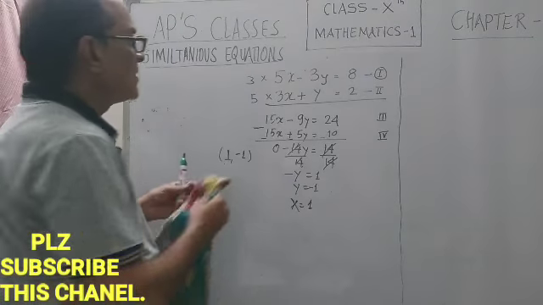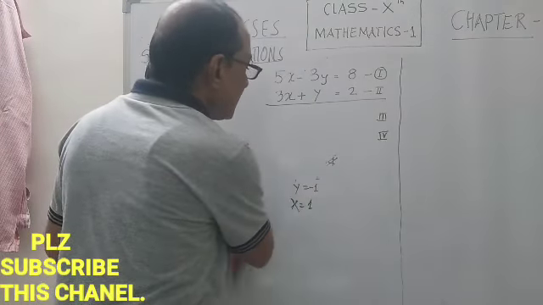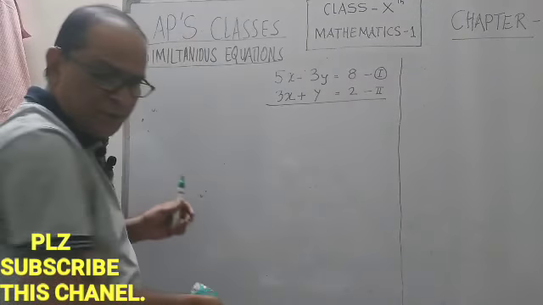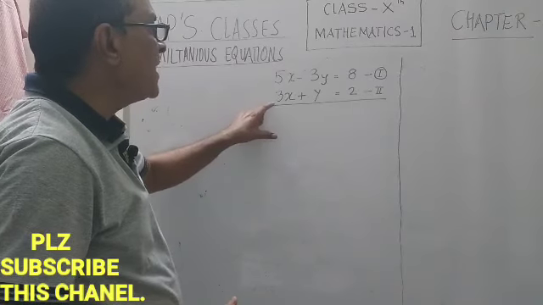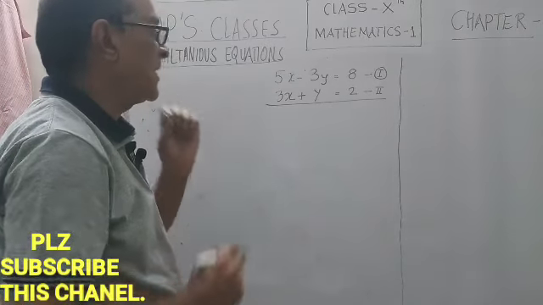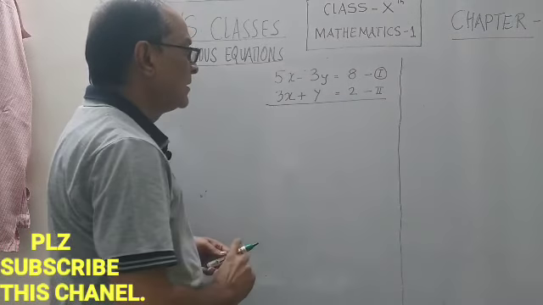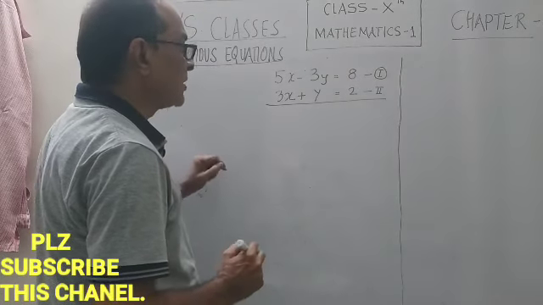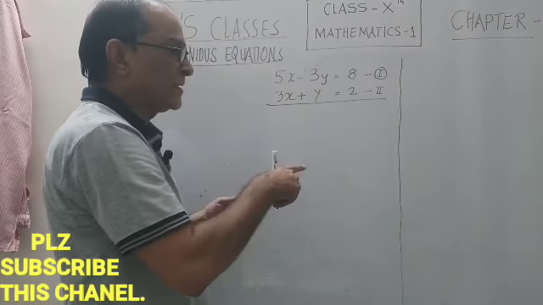Friends, the same example can be taken for the second one. It is a bit different. What is expected in that one? We should calculate the value of any one variable in the first phase. Here are two variables, x and y. Now from the second equation, I can calculate the value of y in terms of x.